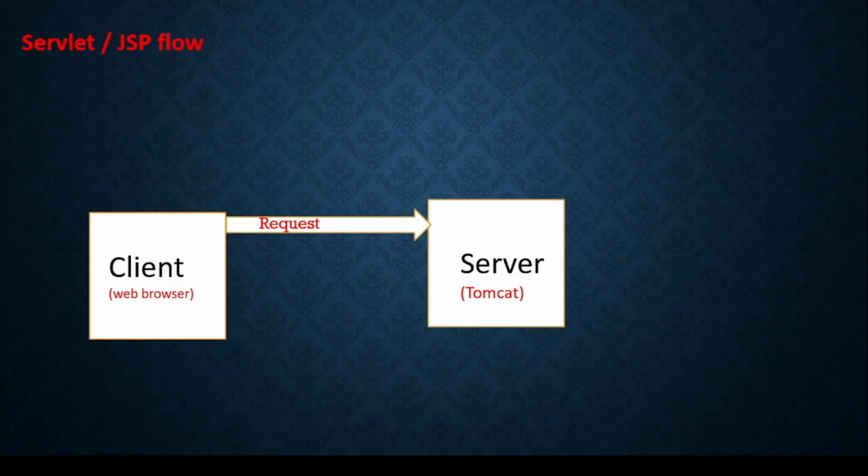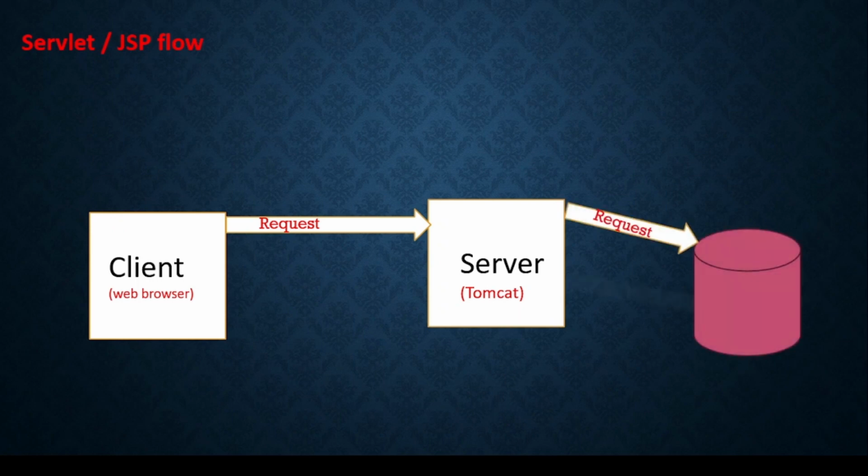On getting the request, the servlet, if any database interaction is there, basically all the web applications are interlinked with some database or other, then the request will be sent to the database, performing the action, and then the response will be sent back to the server.